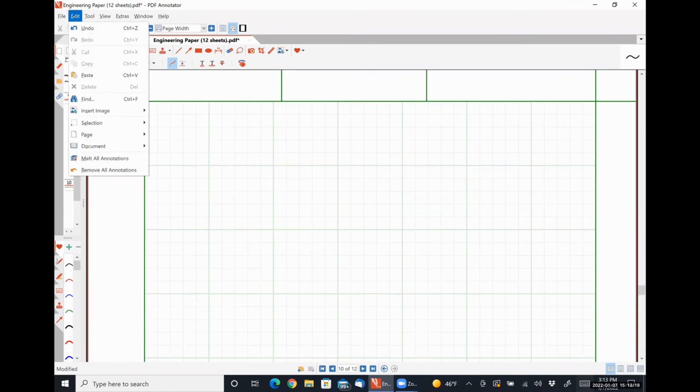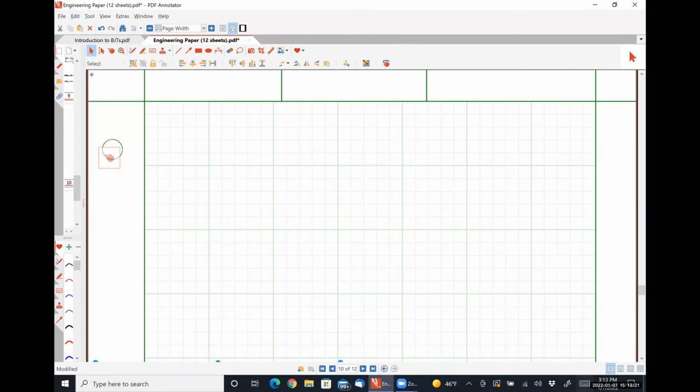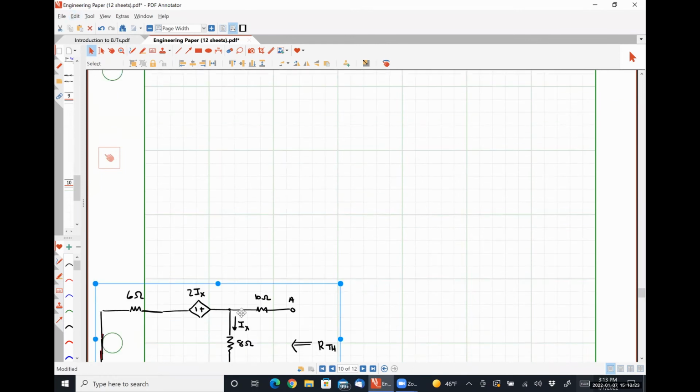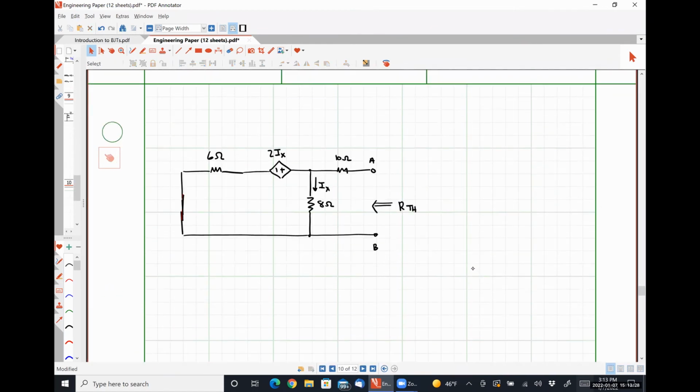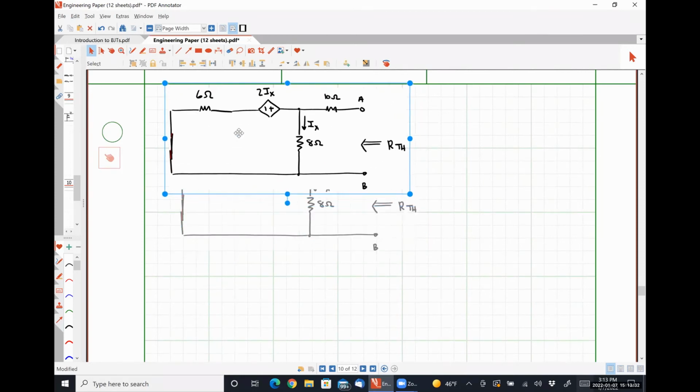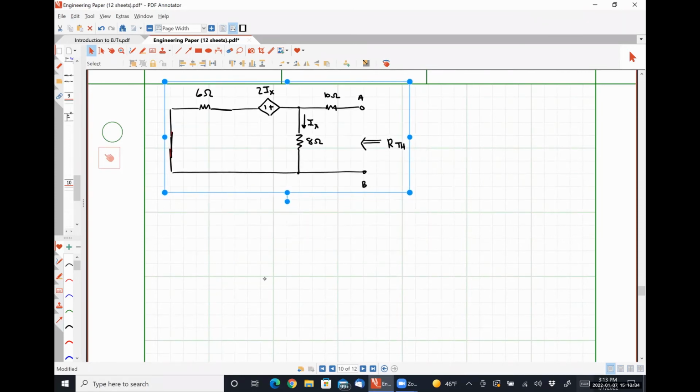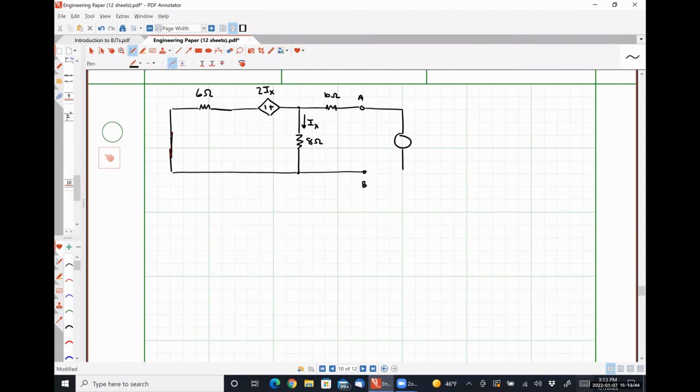All right. So I'm going to copy down my circuit again. For whatever reason, it showed up way down here this time. And now we're going to apply a test current source. That's literally our only other option.